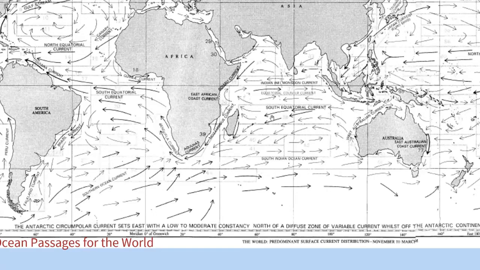So the South Equatorial current will go downwards, connect to the South Indian Ocean current, and then connect to the West Australian current, which will travel along the coast of Australia. And then this one will connect also to the South Equatorial Current. So there is also a counterclockwise direction or circulation.